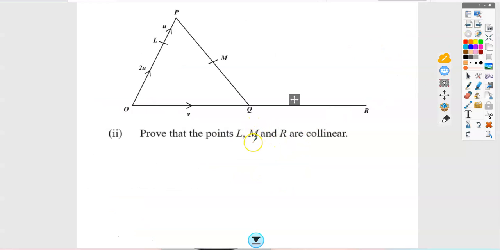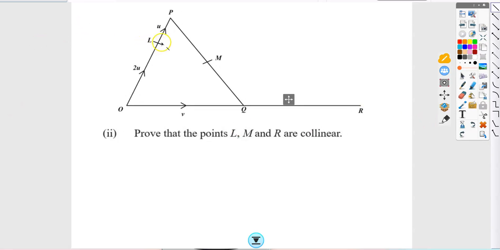It says that you need to prove that L, M, and R are collinear. So let's extend this line here, L, M, and R. We need to prove that they are collinear, which means that they lie on the same line.